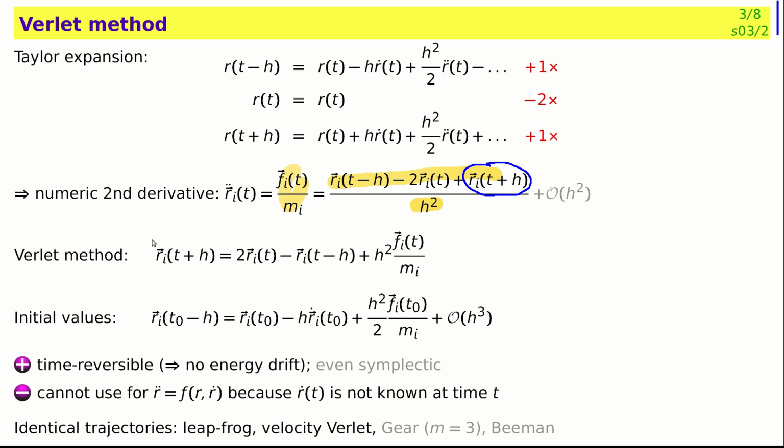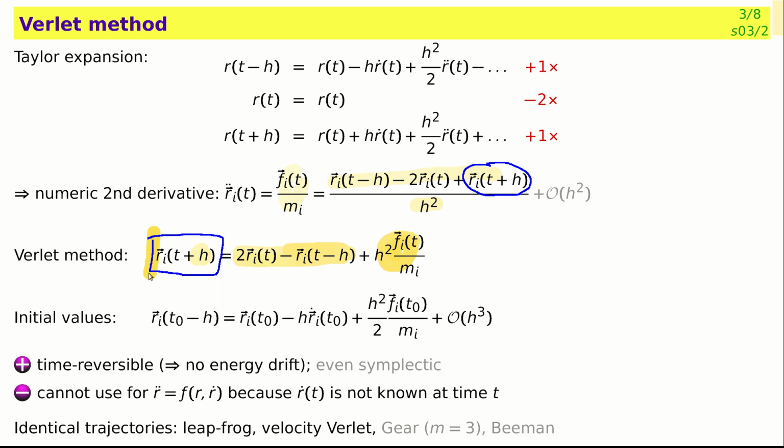In this way, I am getting the position of particles at time plus one time step in the future using this term. This is essentially linear extrapolation from time t and time by one time step in the history to the future, like this is a straight line, and the correction which depends on the forces.